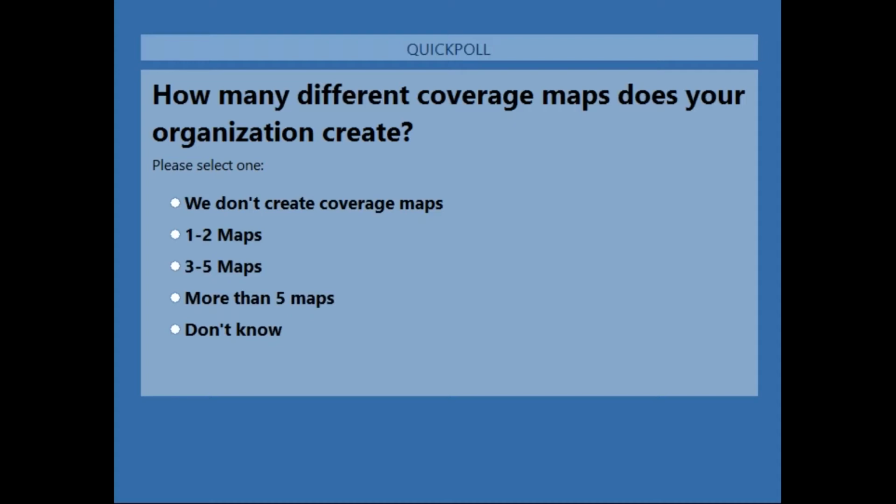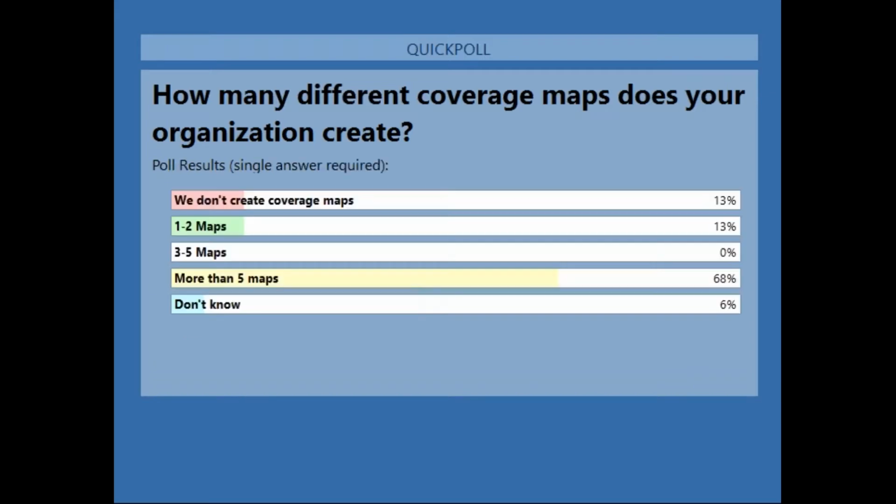Now, perhaps you are not in that organization, so maybe you don't create coverage maps. Or maybe you create 1 to 2 coverage maps, 3 to 5, more than 5, or you don't know. So submit your answers, and we'll look at that. We'll give a few seconds here for people to respond. Wow, that's quite a bit higher than I thought.